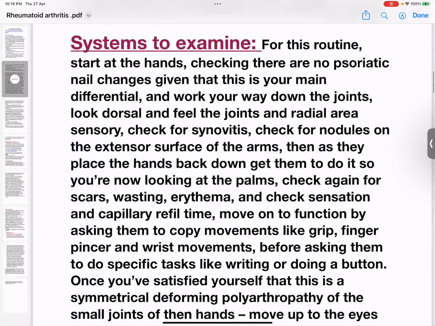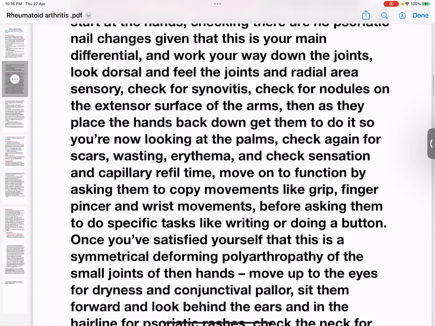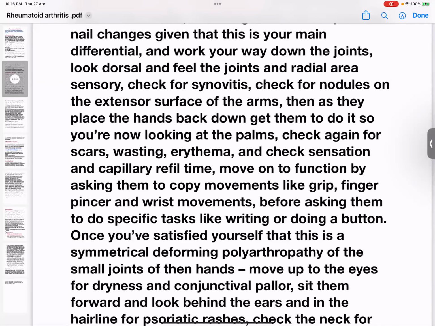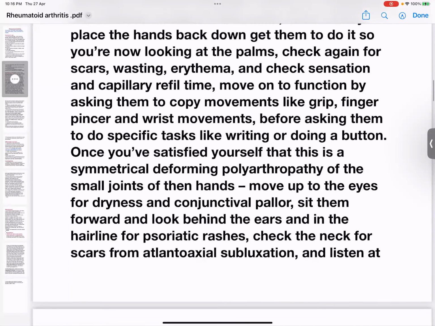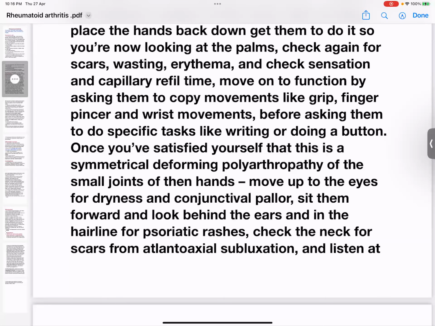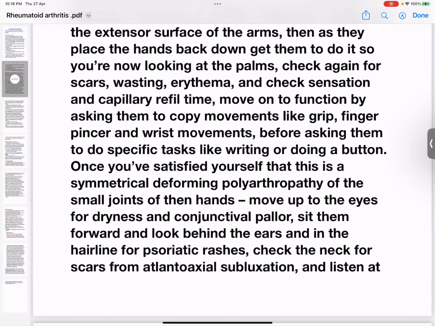Check for nodules on the extensor surface of the arms, for psoriasis, the back of the hand, and any wasting of the muscles, scars, erythema. Check for sensation with a piece of cotton, not with a pin prick or a needle. Check sensation with cotton, fine touch.